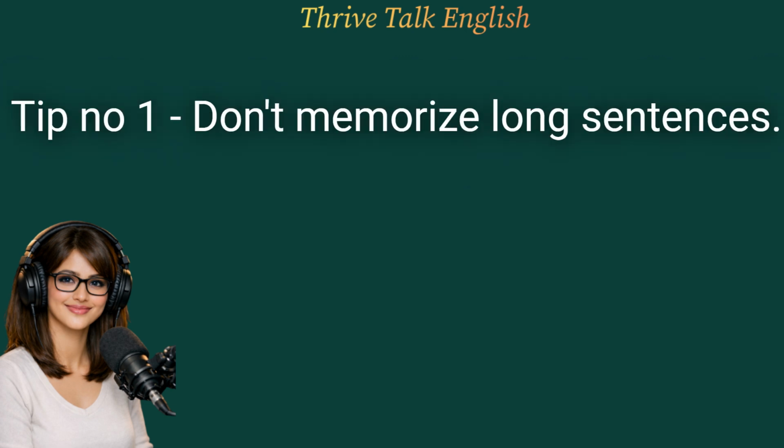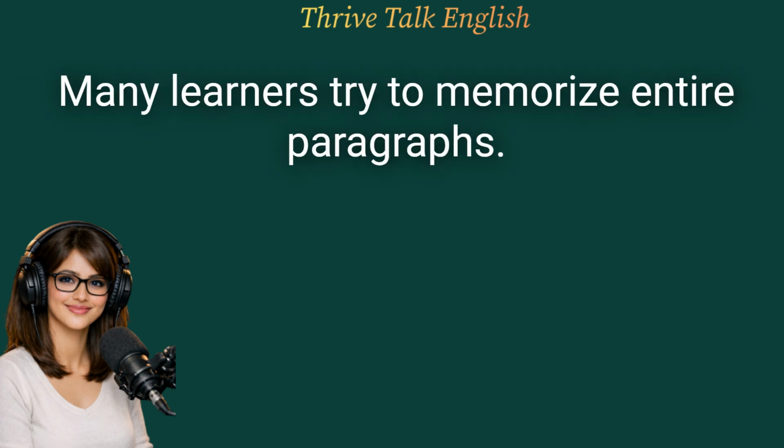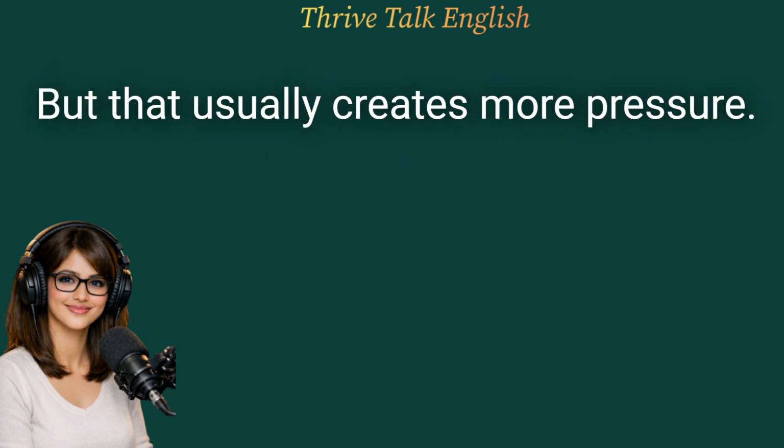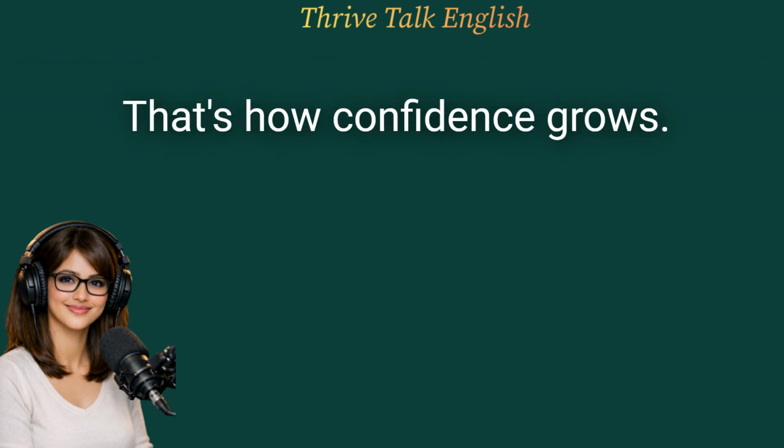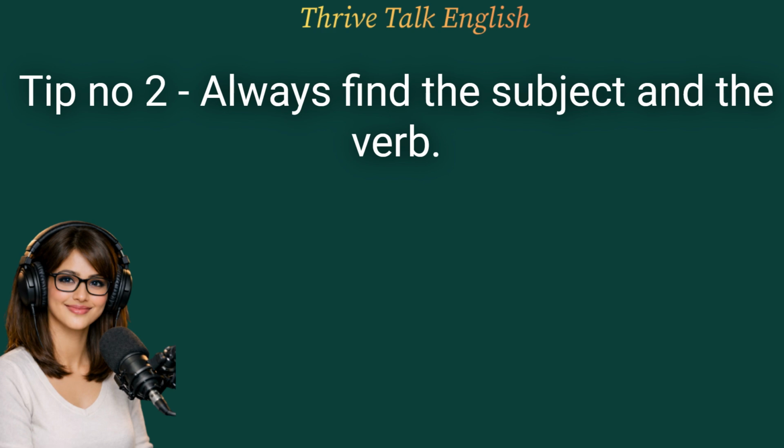Tip number 1. Don't memorize long sentences. Many learners try to memorize entire paragraphs, but that usually creates more pressure. Instead, start with a simple sentence and slowly add information. That's how confidence grows.